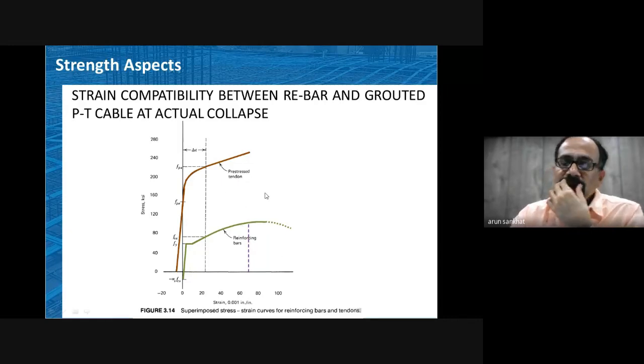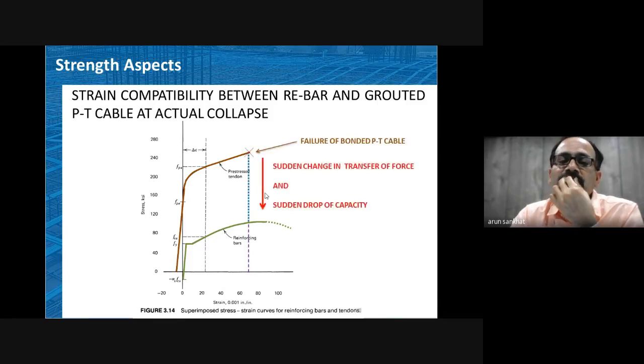So here, what happens? This is a hypothesis. We need to make sure about this in practical use, how it is applicable. But this is a hypothesis wherein it is thought what happens to these members at actual collapse. When actual collapse happens, the elongation part has a limit for the pre-stressing tendon.